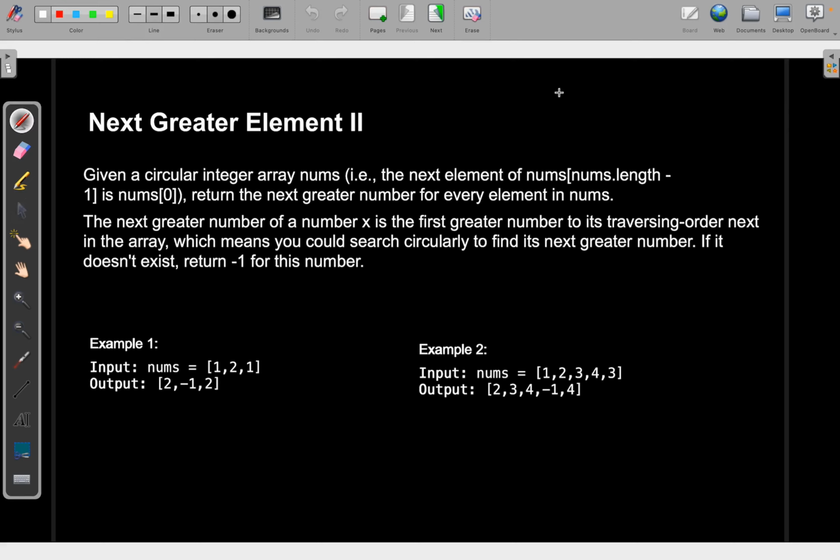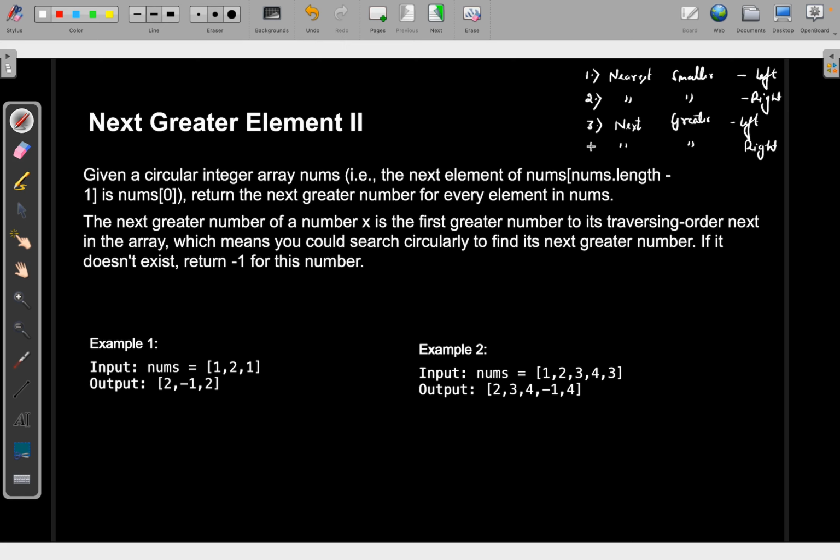I hope you have solved all the four types that I have discussed in the previous problem. That is nearest smaller element from left, which I have covered in the lecture, nearest smaller element on the right side, and then we have next greater on the left side, and next greater on the right side.